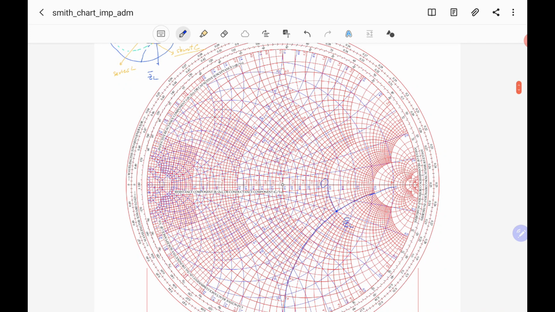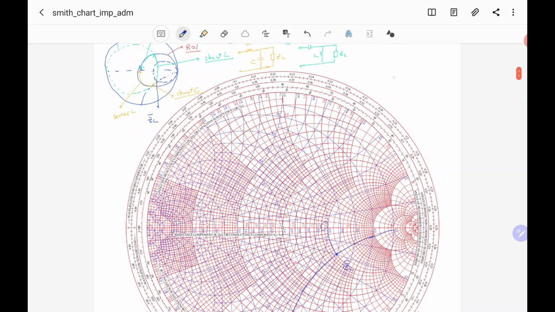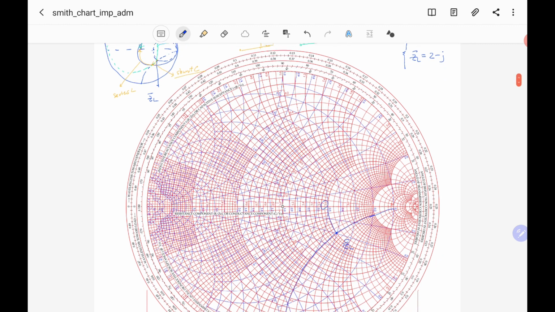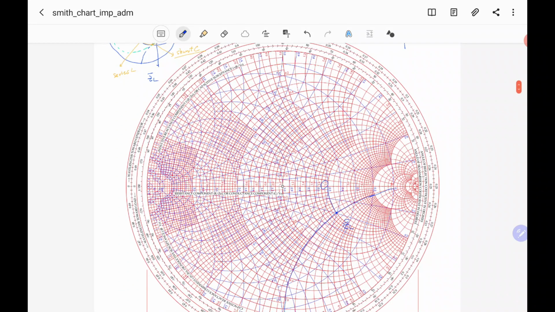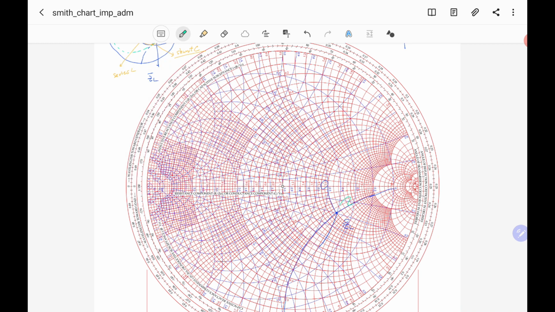And then we should move to this one. This circle is the constant G circle.